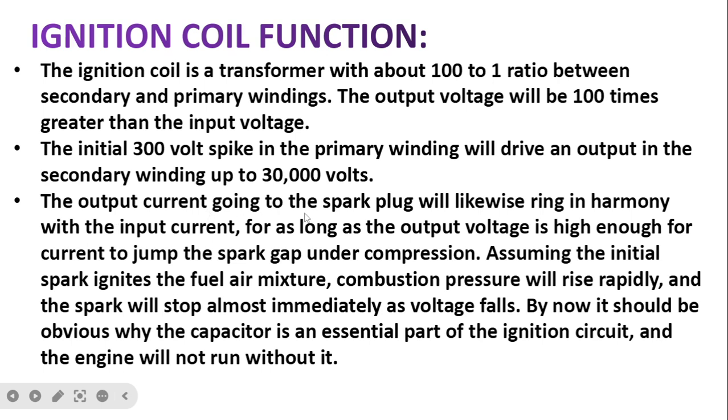The output current going to the spark plug will ring in harmony with the input current, for as long as the output voltage is high enough for current to jump the spark gap under compression, assuming the initial spark ignites the fuel-air mixture.